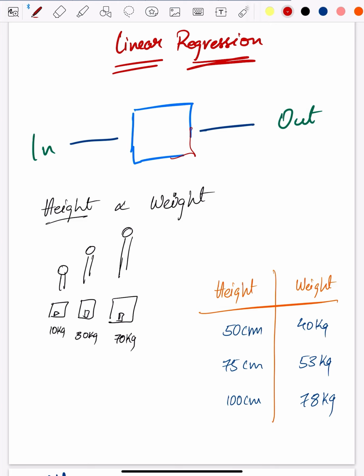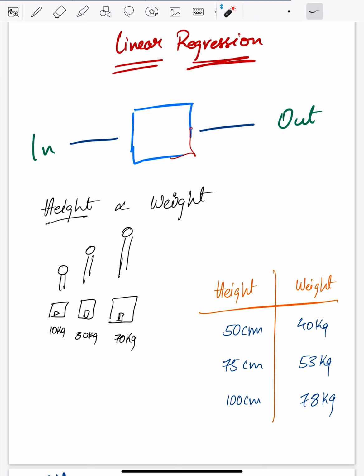So coming to linear regression, you are predicting something numerical. Let me explain with an example. For instance, let's say you have the height of a person and you're going to predict the weight of the person. Let's take a generic example.